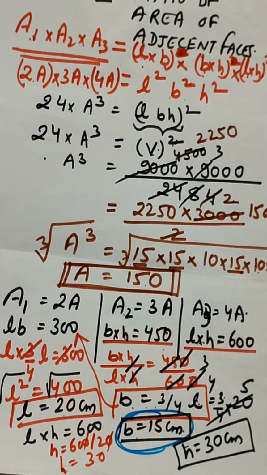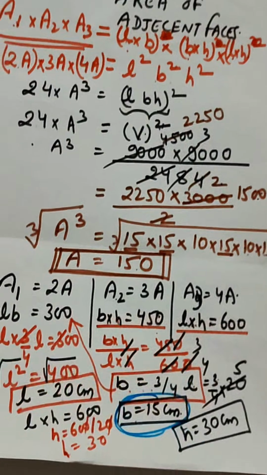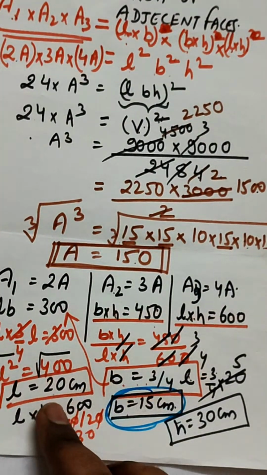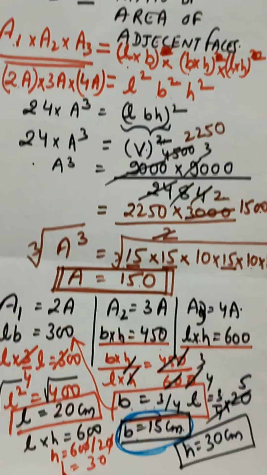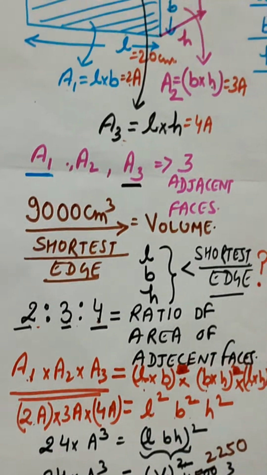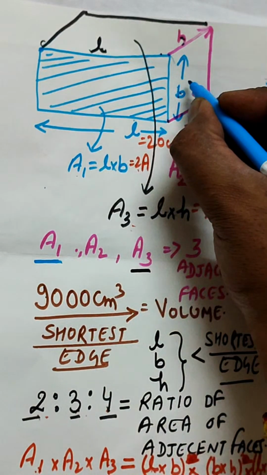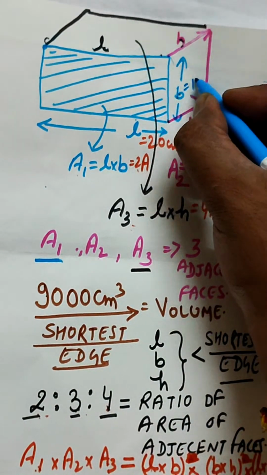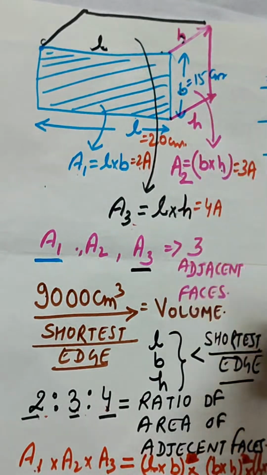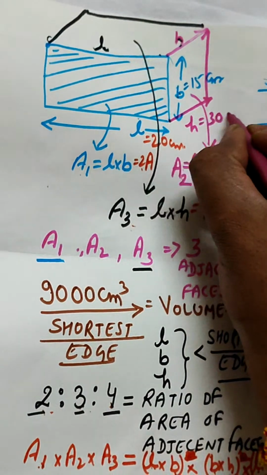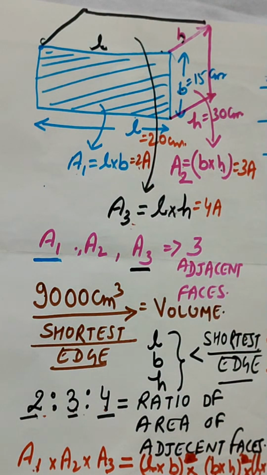Okay. So we can say that out of these three, the three edges are 20, 15 and 30, L, B, H. This is 20, this is 15, right? And this H is 30 centimeter we have calculated.